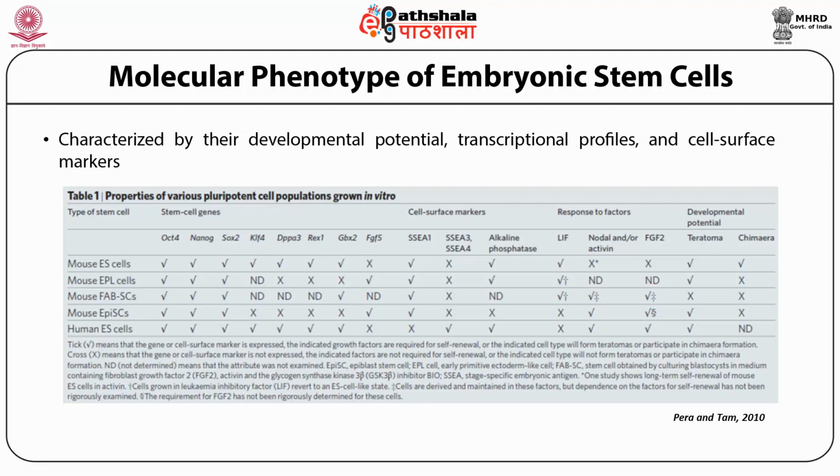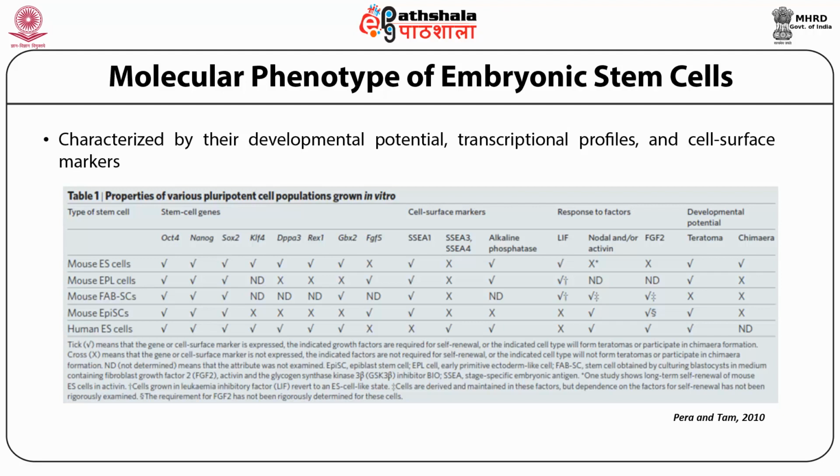The mouse stem cells usually express the SSEA1 marker, which is stage-specific embryonic antigen 1, whereas the human embryonic stem cells express the SSEA3 or SSEA4 marker, which is stage-specific embryonic antigen 3 and 4. And also human embryonic stem cells and some of the mouse pluripotent stem cells express a very high activity of alkaline phosphatase.